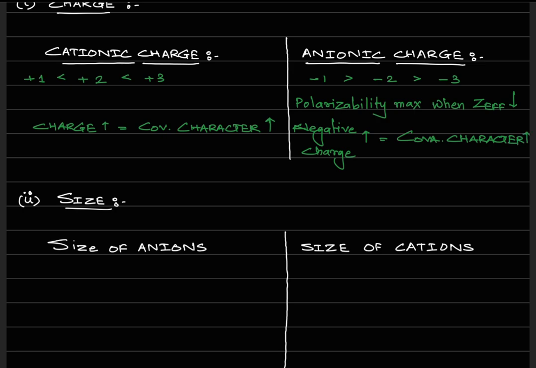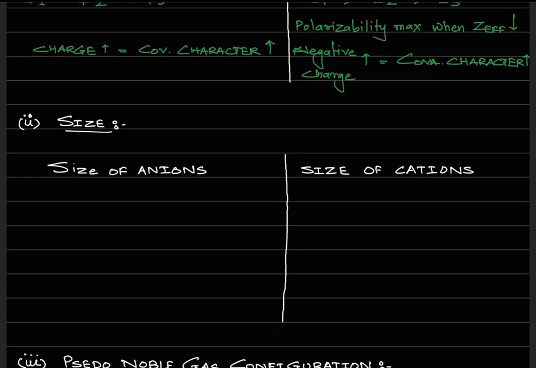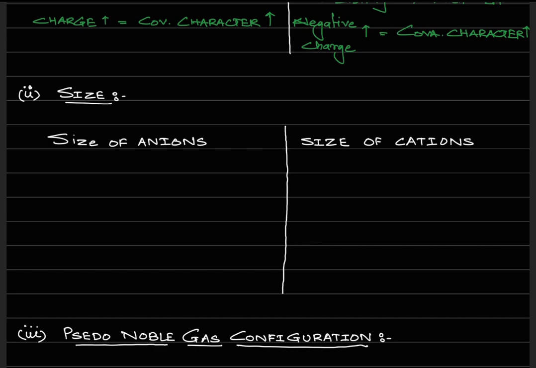Understand this: if the negative charge is becoming more in magnitude, I'm just talking about magnitude, I know that -1 is greater than -2, but if it is -1, -2, -3, the larger the magnitude, the larger is the covalent character. Clear with this? And why is this so? Because -3 would have more polarizability as compared to -1 or -2.